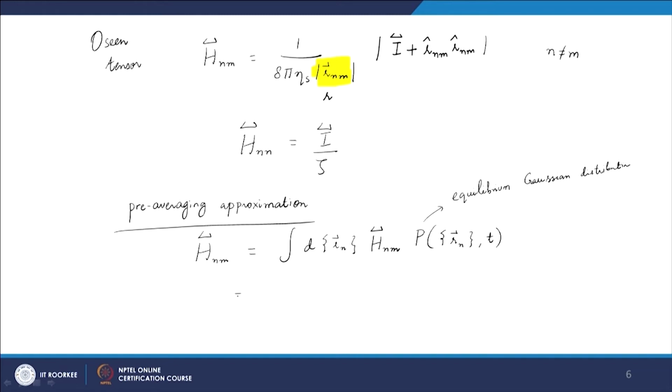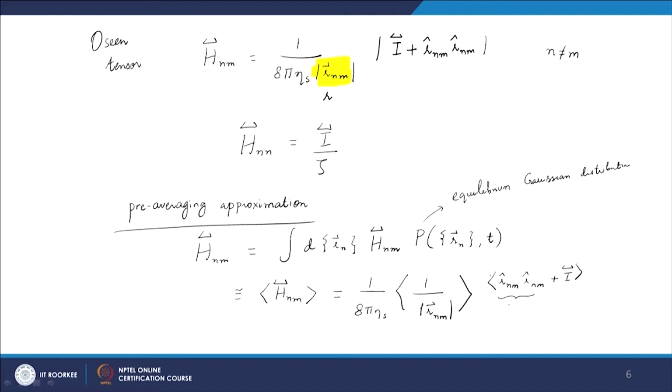And then this quantity is assumed to be equal to the pre-averaged H_nm, and that is given by simply the pre-averaged versions. So, I am really skipping many points in the derivation, and only illustrate the key points up there.